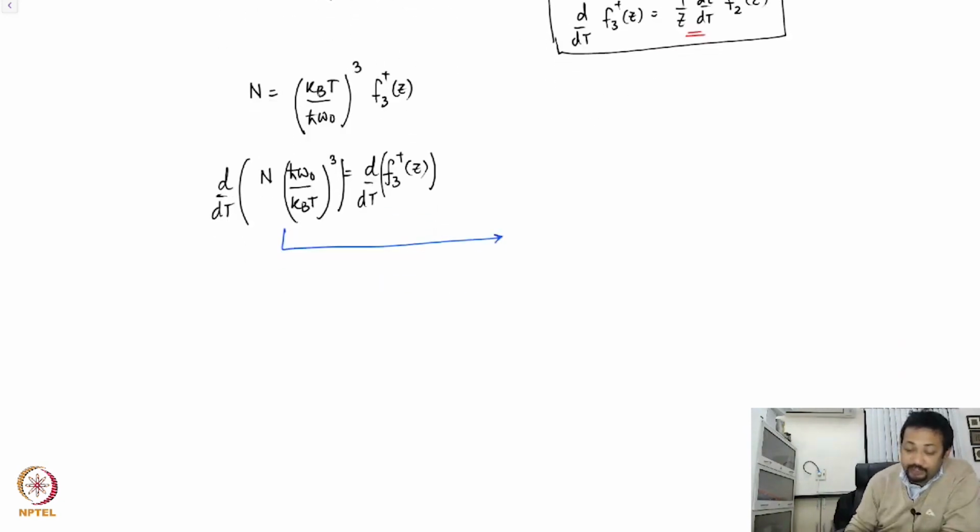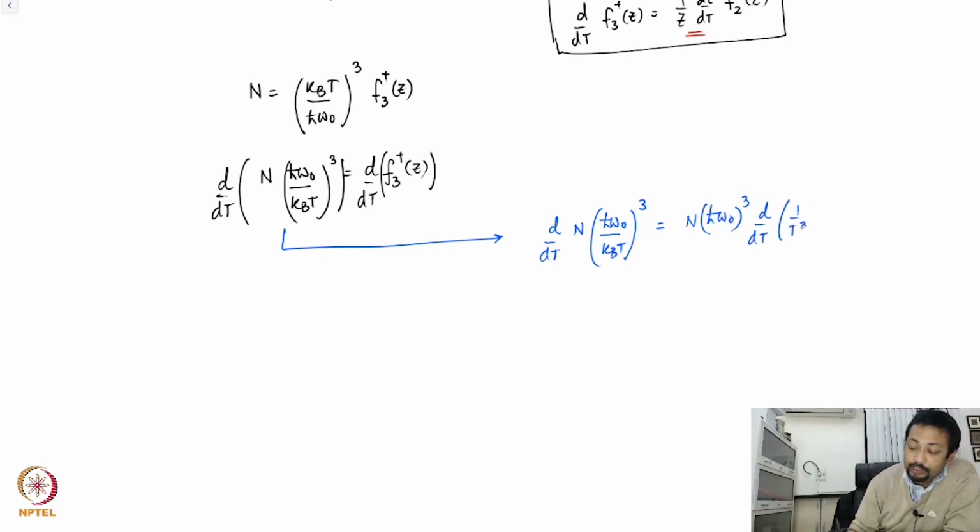The left hand side is d dT of N h bar omega naught over kBT whole cube, which is N h bar omega naught over kB whole cube times d dT of 1 over T cubed, and that's a straightforward derivative.